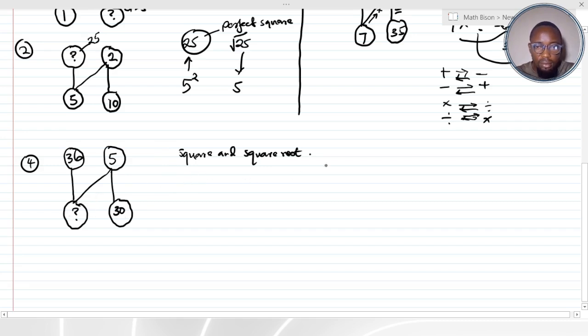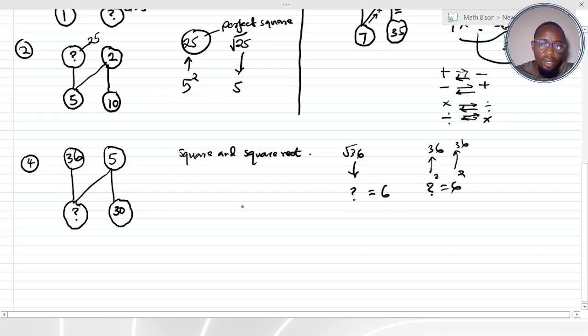So what do I mean? We know that the square root of 36 should give us whatever is there, and in this case, it's going to be 6. And if we want to check whatever is here, if you square it, it should give you 36. And this is still 6. So 6 squared gives 36.